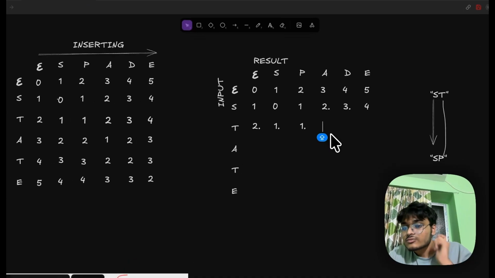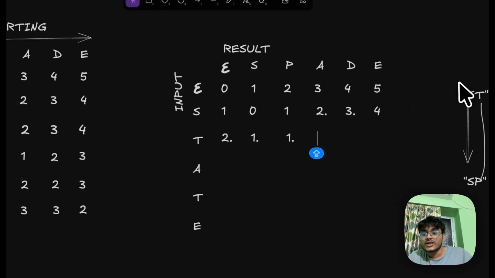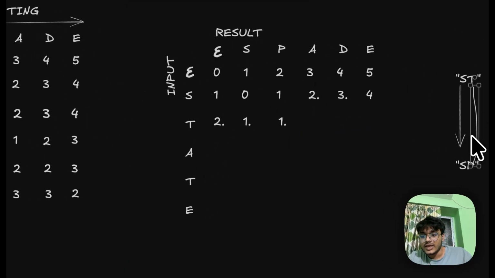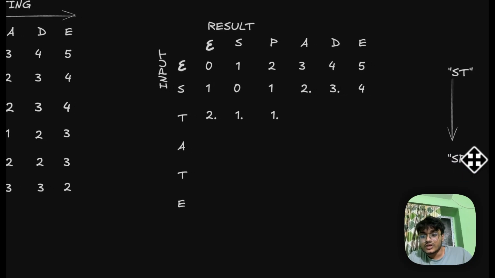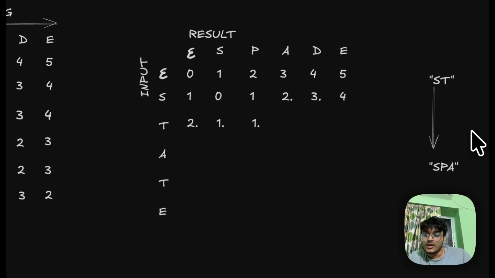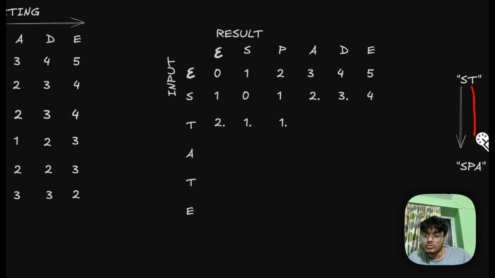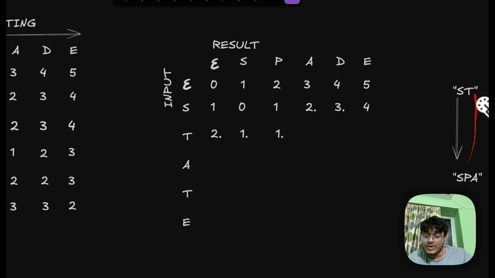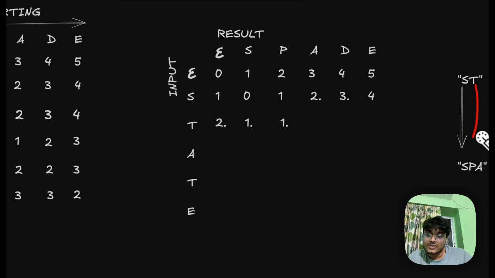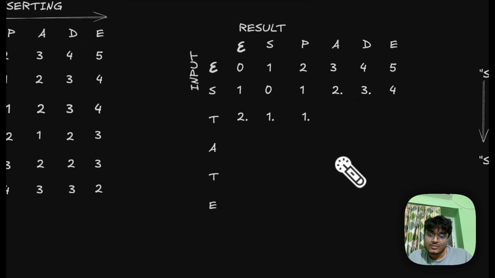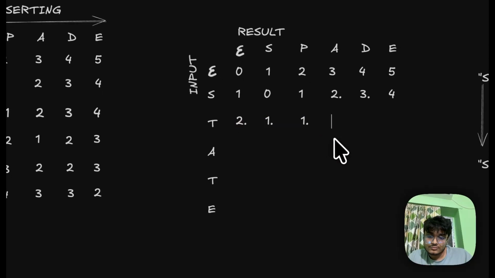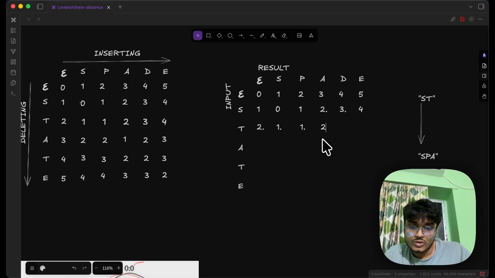Okay, what is the next thing? The next thing is we are converting st to spa, right? So if I wanted to convert st to spa, at first I have to bear the cost of replacing t with p, and then we are inserting a right here, so the value will be 2.